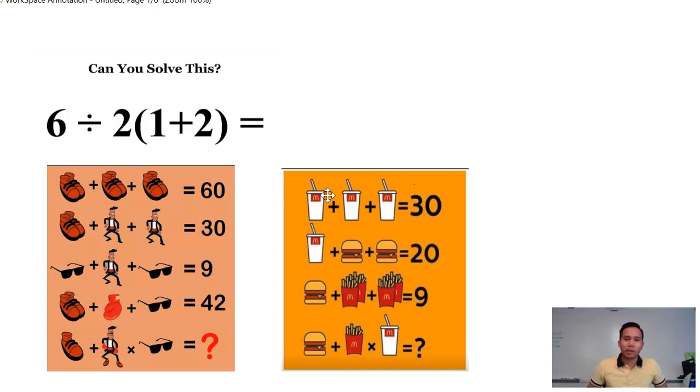All right. Because today our lesson is all about order of operation, sorry about my handwriting.